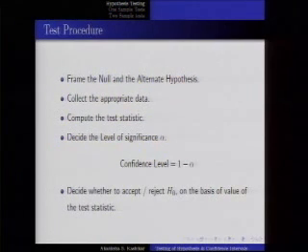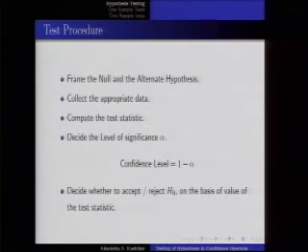So what do we do? We first frame the null and alternative hypothesis, which we have already done. Then we collect the appropriate data. Then we compute the test statistic, and decide some level of significance alpha. Now how do we decide level of significance alpha? We have to decide what confidence we want to have.